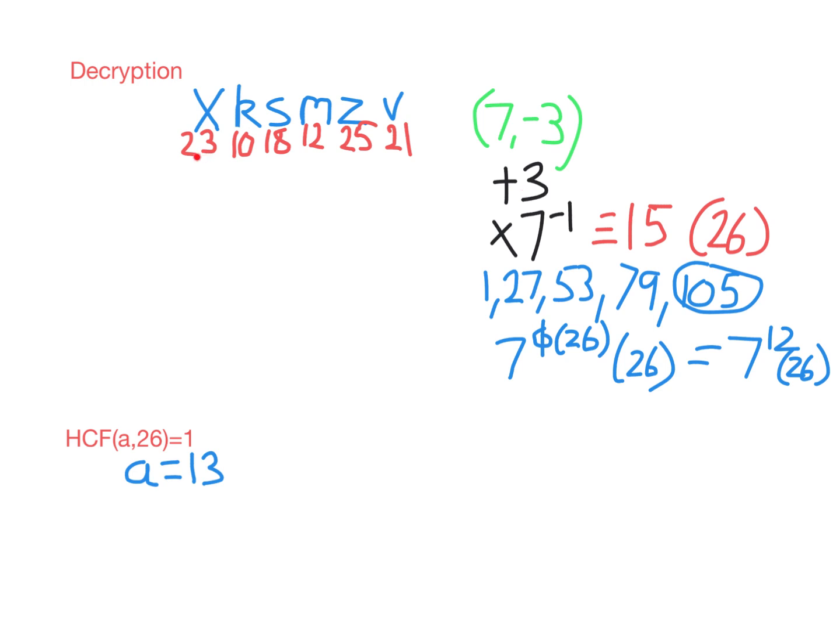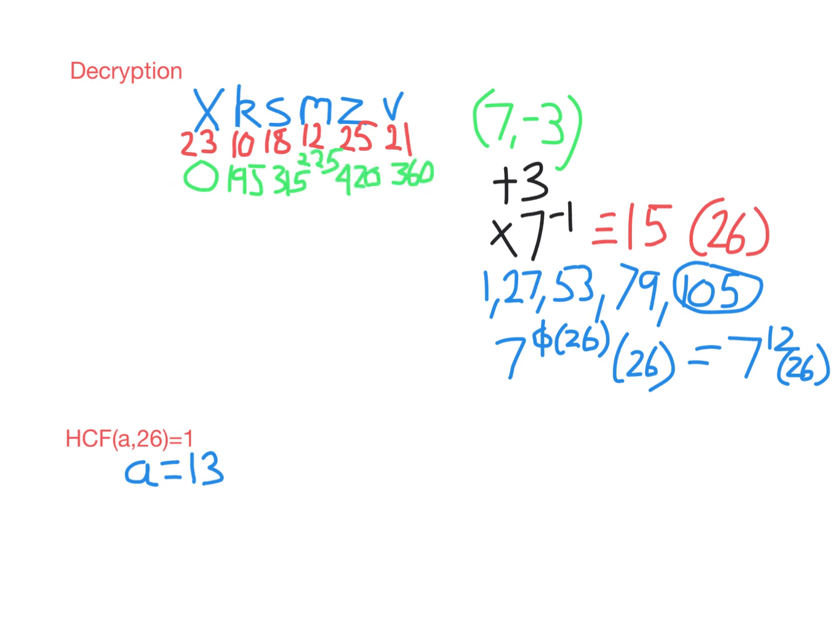So if I add 3 here, I get 26, which is equivalent to 0 mod 26. 0 times 15 is 0. So here, add 3, I get 13. Times by 15, I get 195. So then I go 18 plus 3, 21, times 15 is 315, and so on for the other numbers.